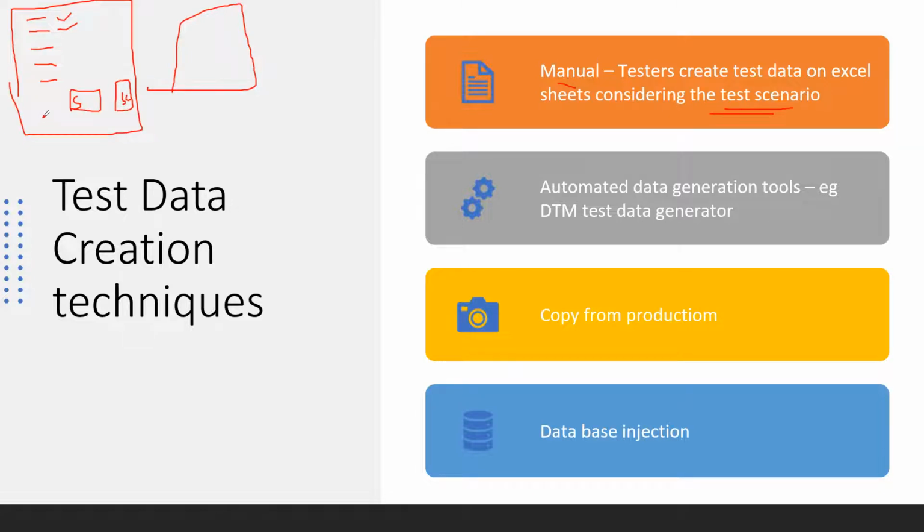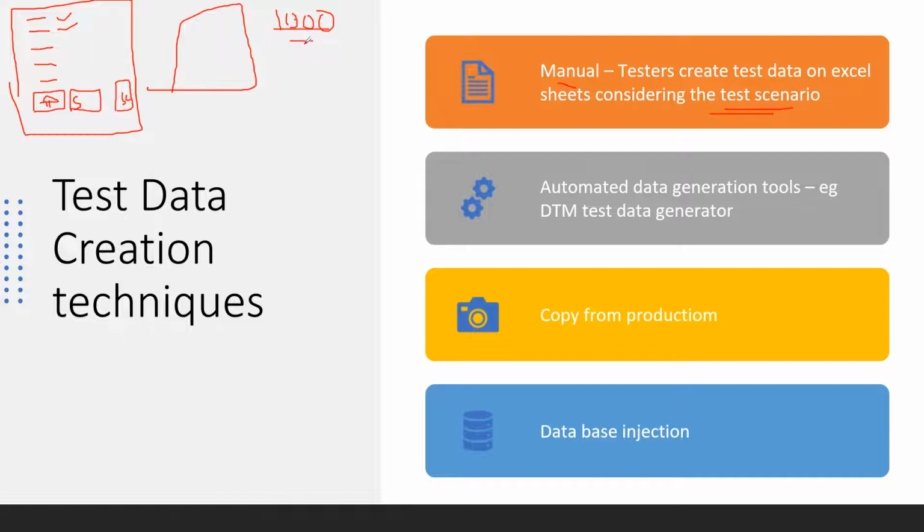We need to input around 1,000 values of people in this form, and we have an option to upload from an Excel sheet. We just click on this upload button. We have a sheet with 1,000 people's data, and we just import it.